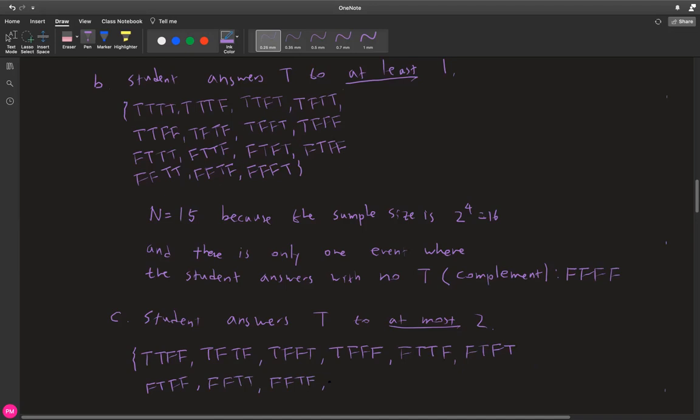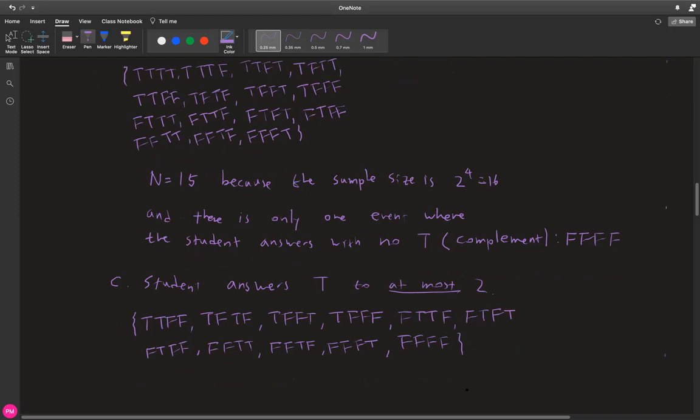We have false, false, false, true. And lastly, all false. So as you can see, all the choices that we have have no more than 2 true in each of them.